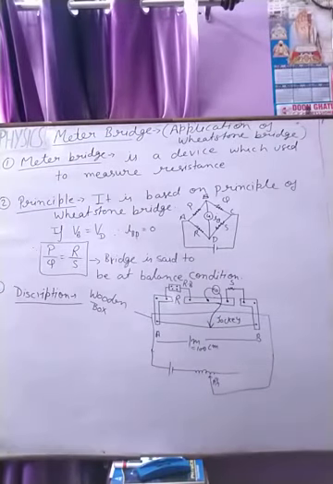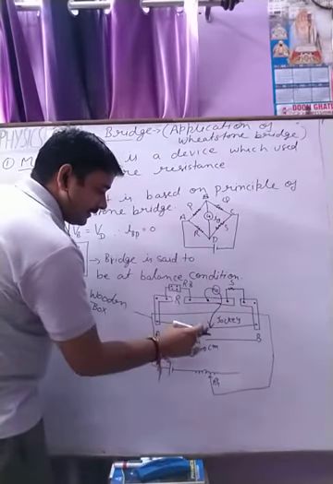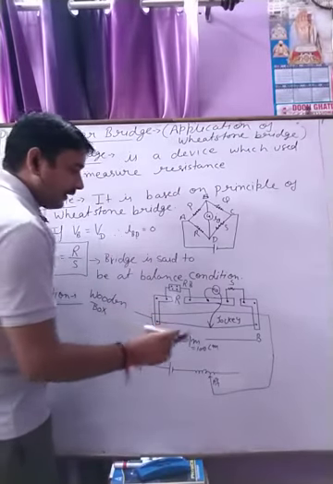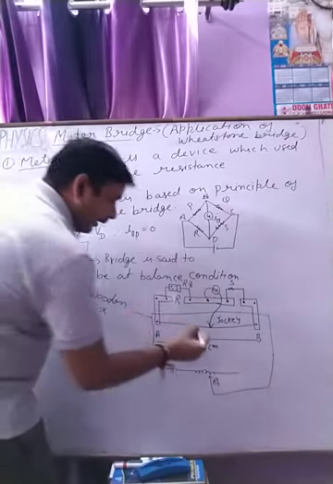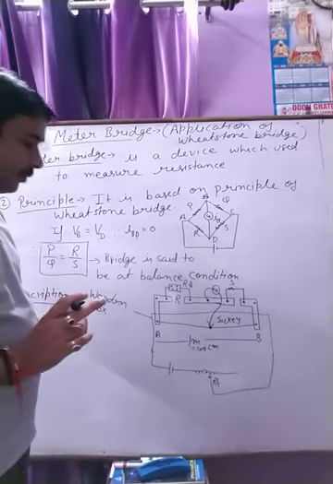Okay, now when we find the balancing condition, or no current condition in the galvanometer, the current in the galvanometer is 0.